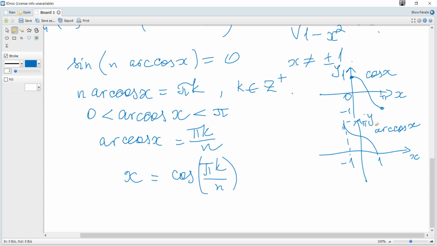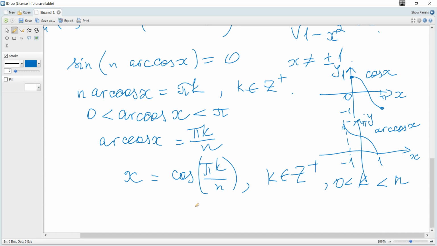But we can see that arc cosine is from 0 to pi, so k is a positive integer, and k should be greater than 0 and less than n. Endpoints are excluded because x cannot be plus or minus 1, which are endpoints. So we get the result as required.